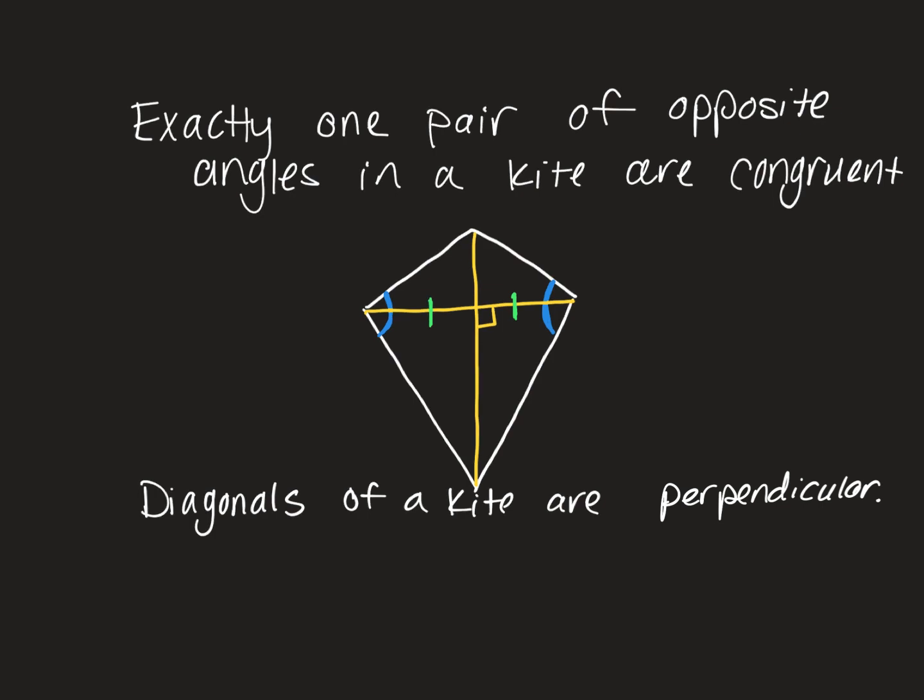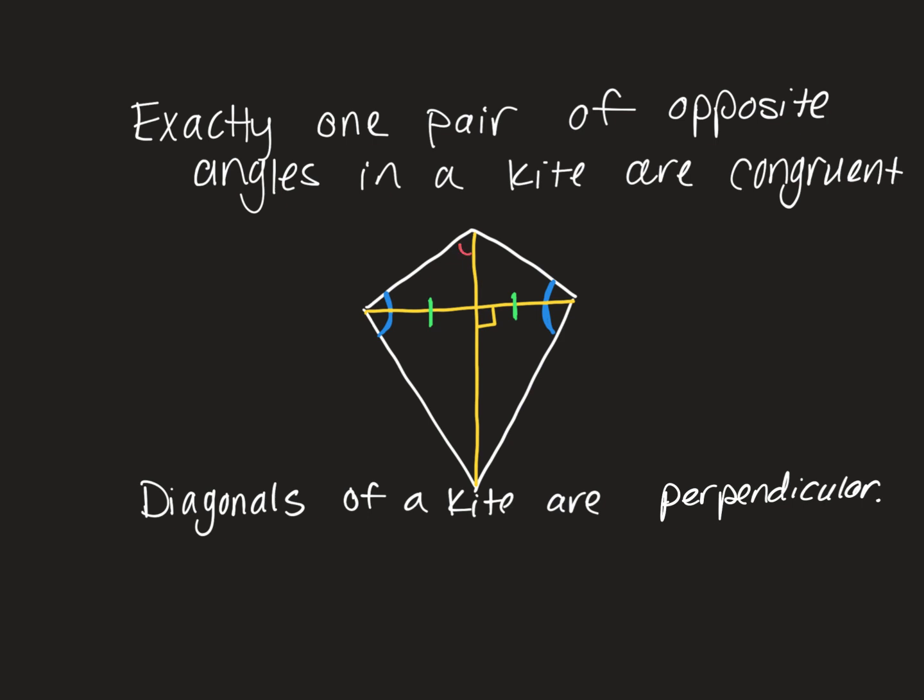Is there any special two angles that have 180? Not really. The nice thing about this though is that you've got this split up into right triangles. And then remember, oh yes, it also is going to bisect the two non-congruent angles.